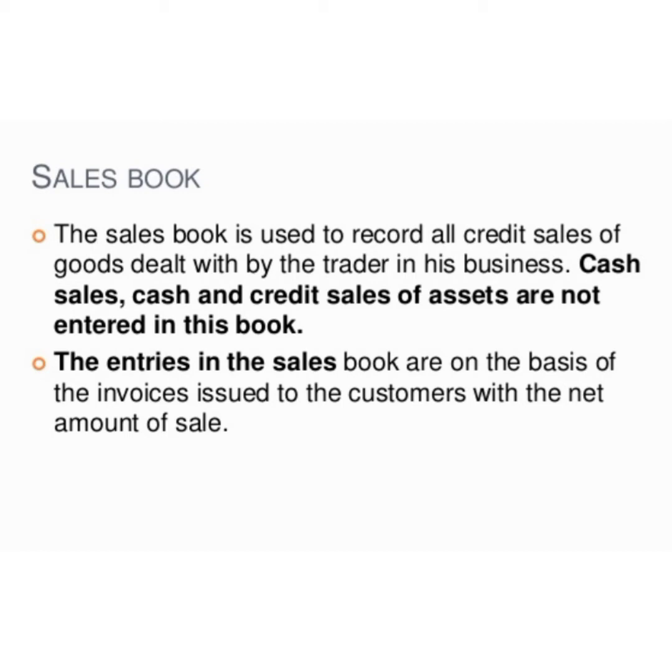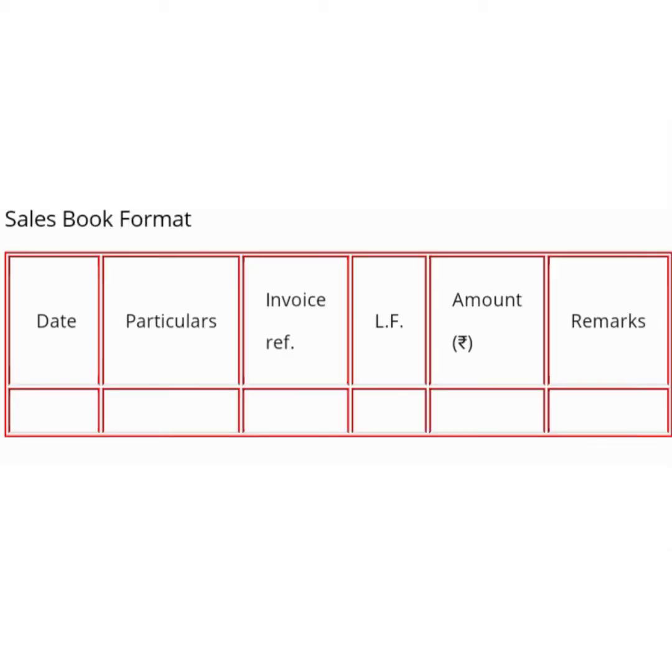The entries in the sales book are made on the basis of the invoice issued to the customers with the net amount of sales. This is the format of the sales book. In this format, the date column of the sales book shows the date of credit sales. Particulars column contains the name of the party purchasing goods, or the party to whom the goods have been sold.